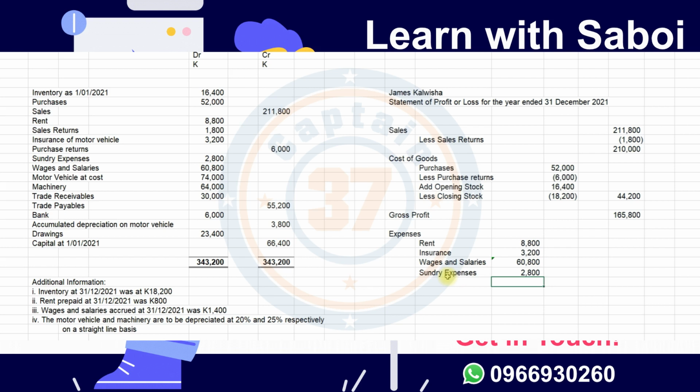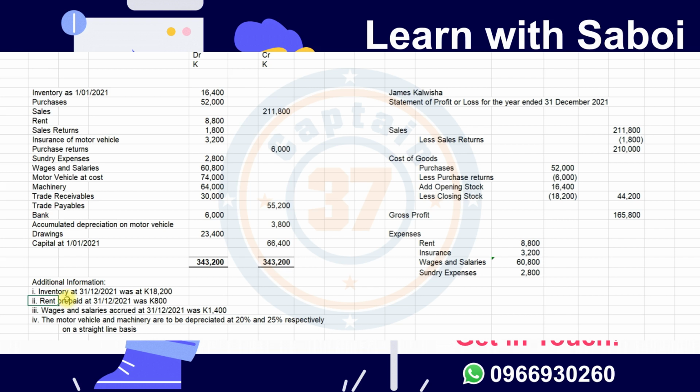Are these the only ones? Are these the only expenses from the trial balance? Yes. But we have been given additional information, and this is very important. From this additional information, we have number one, inventory information, which is not necessary at this point. But we've been told that there's rent prepaid.